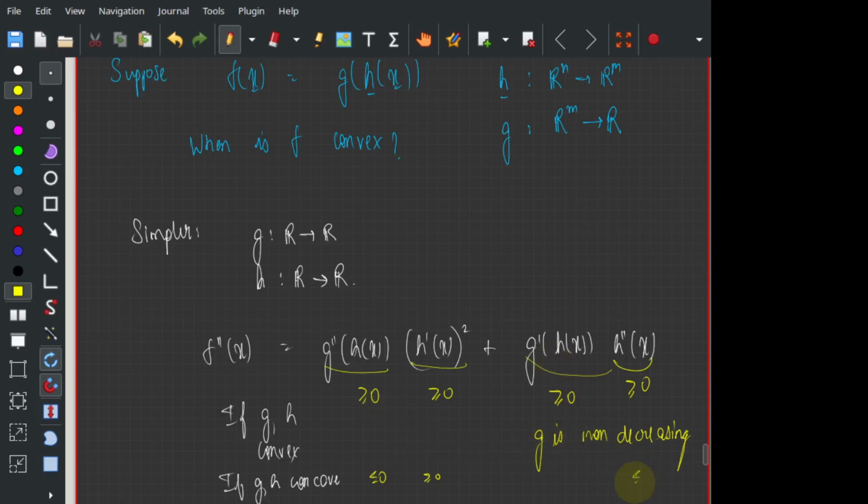So we can have this to be less than or equal to 0, then I would want this to be greater than or equal to 0. So if g is non-decreasing and g and h are concave, then f would be concave.